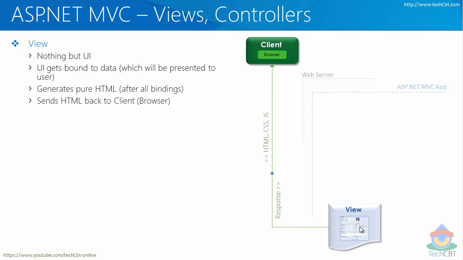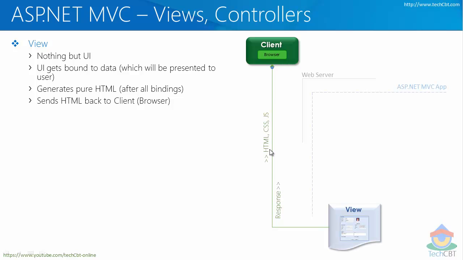Next, this is pretty much important. The view is going to be sitting inside the MVC application, which means the view will be available at the web server level, and once this particular view has completed its process, it is going to render or spit out HTML, CSS and JavaScript and finally return that to the client. In this case, the client is nothing but the browser. So the view is responsible for rendering all the HTML and sending that HTML back to the browser.